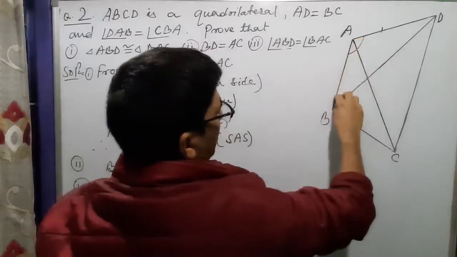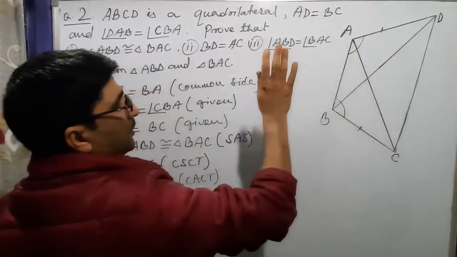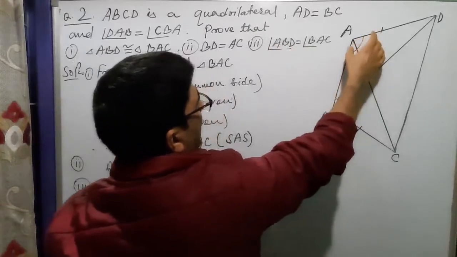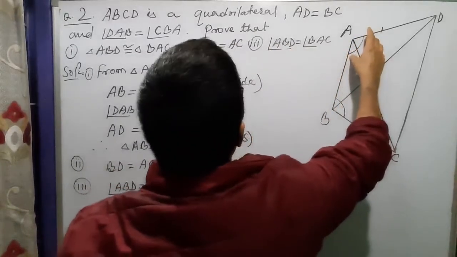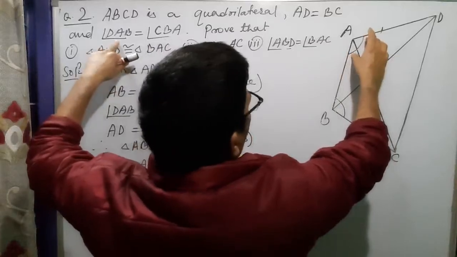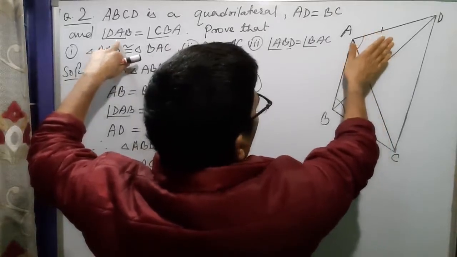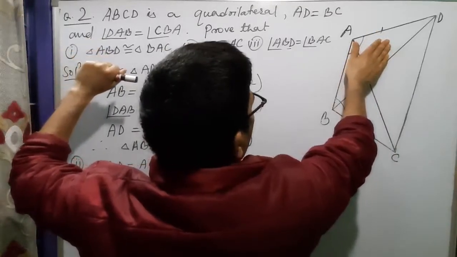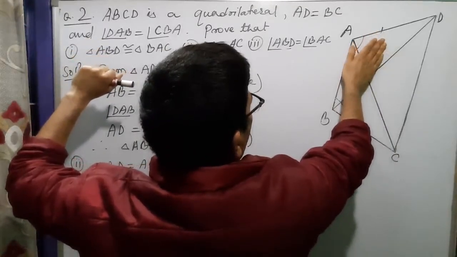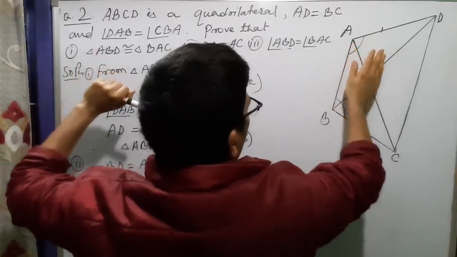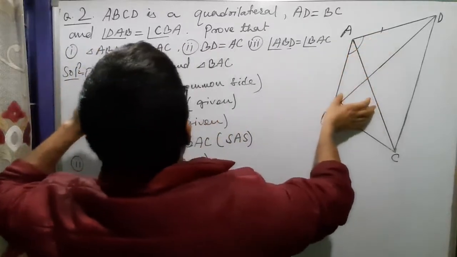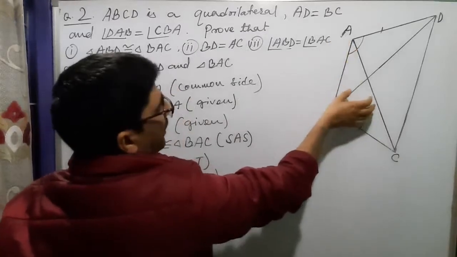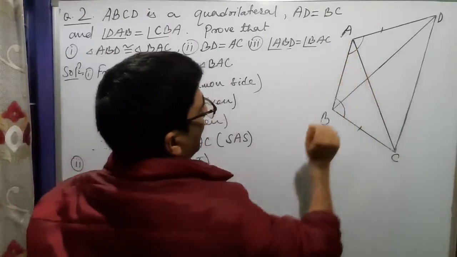Angle DAB is the angle of triangle ABD, and similarly angle CBA is the angle of triangle BAC.